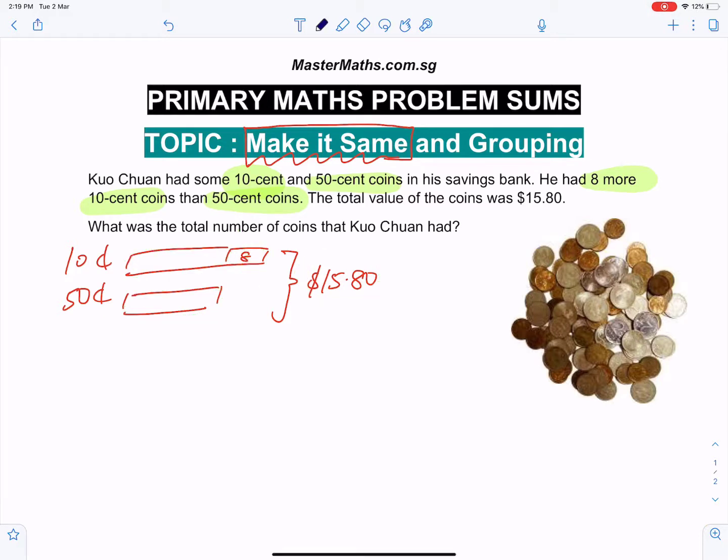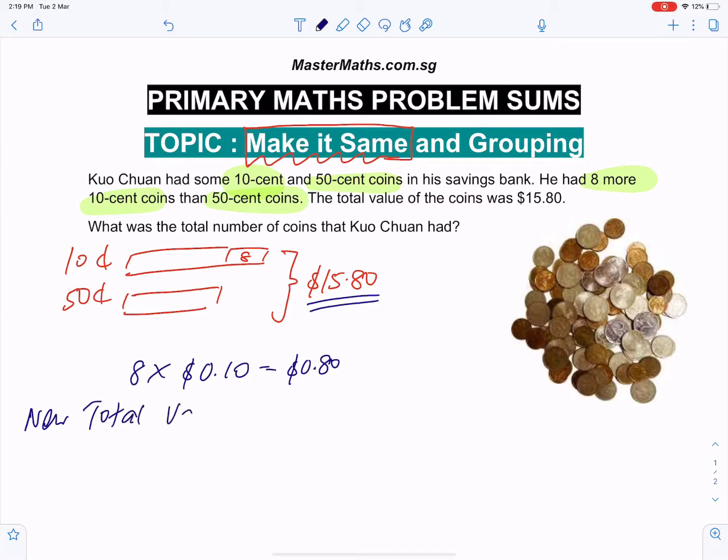So when I take away, this value here has to decrease a bit. How do I do that? 8 times 10 cents. Change to dollars because the total value is given in dollars, so ensure that you are working with the same units. So the new total value: 15.80 minus 0.80 is actually $15.